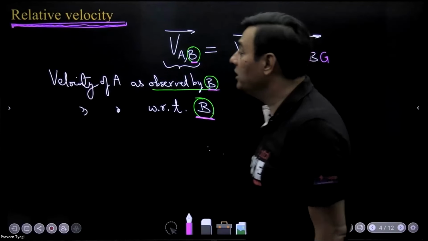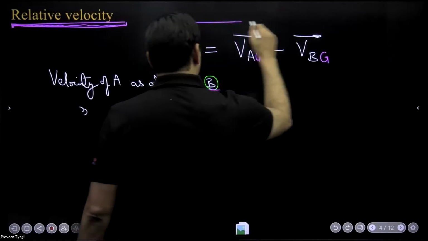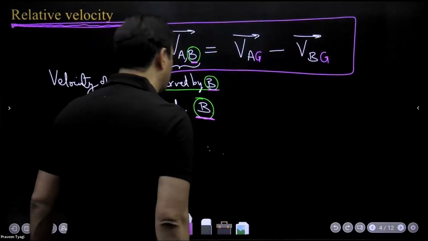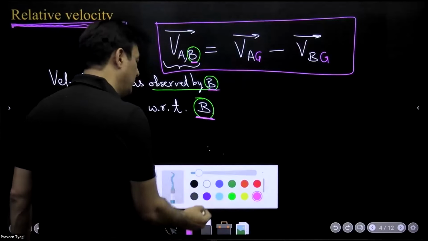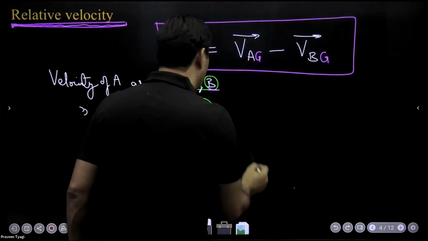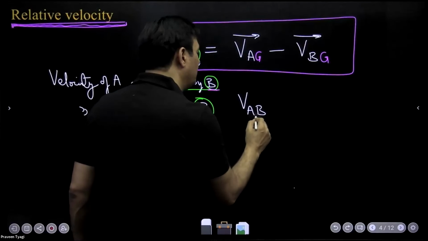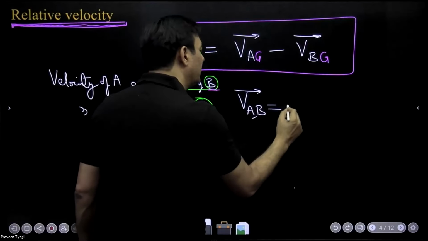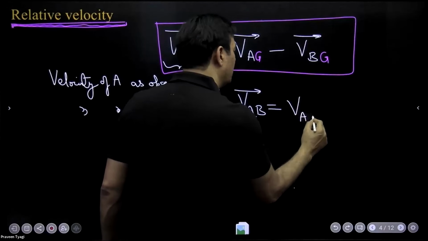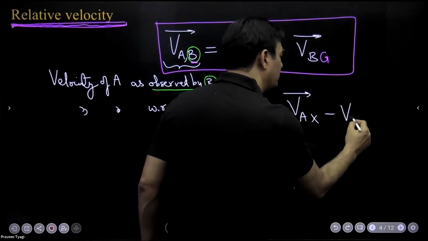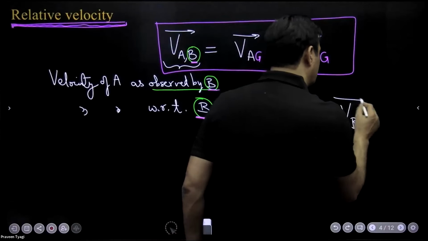Suppose there is one more thing I want to add to this definition. I want to tell you another form of this equation. And what is that form? Please pay attention. Velocity of A as observed by B can also be written as velocity of A with respect to x minus velocity of B with respect to x.